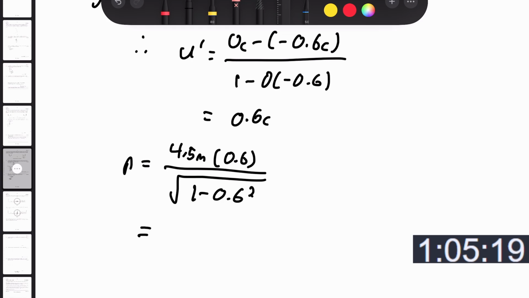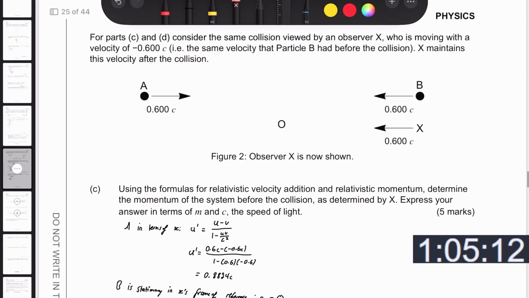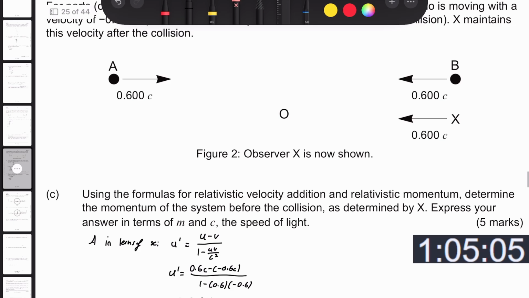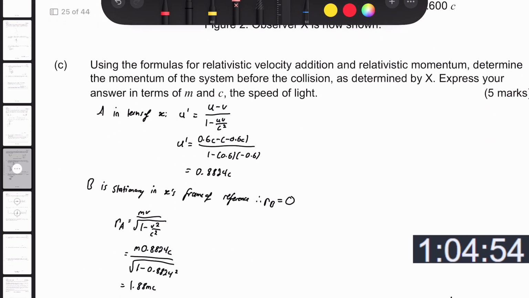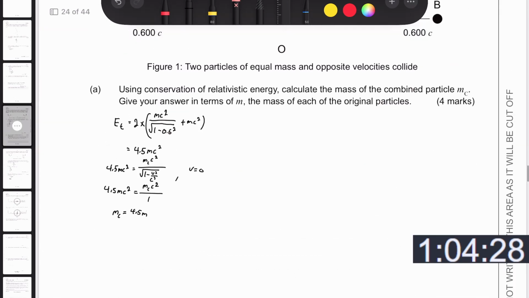I definitely did a step wrong somewhere. So like 3.38. 0.6 plus 0.6 over 1 plus 0.6 times 0.6, 0.8824c over the square root of 1 minus 0.8824 squared, 1.88 mc. Did I get the mass here wrong?